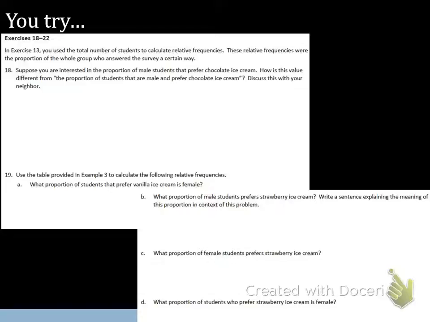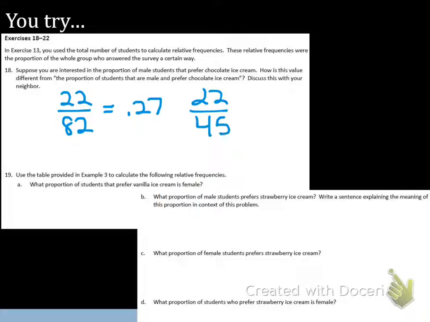If you take a look here, the students that are male and prefer chocolate ice cream is 22 out of 82, which as a decimal is 0.27. Now that uses all 82 students that were actually surveyed. But the male students that prefer chocolate ice cream is 22 out of 45, which is 0.49.